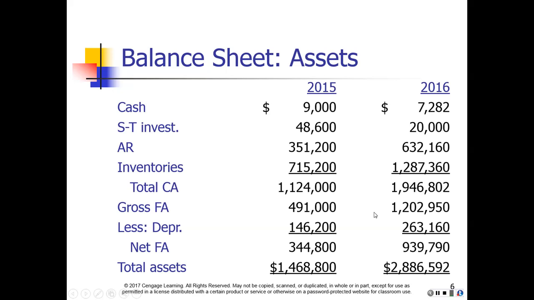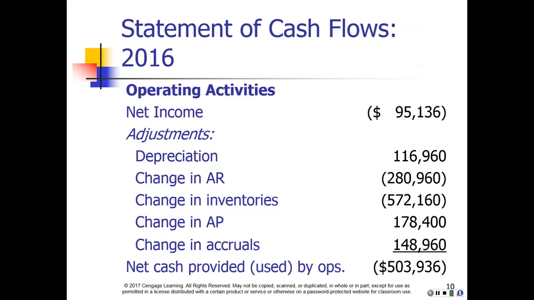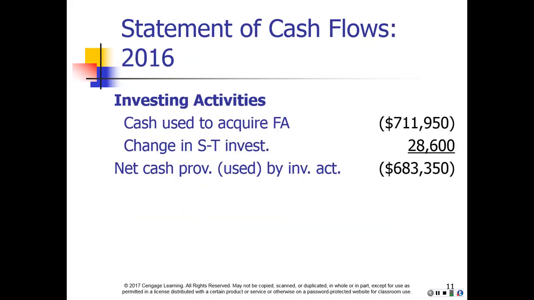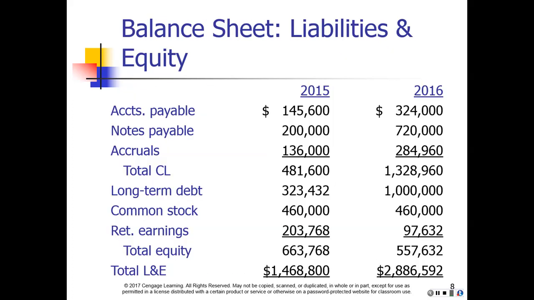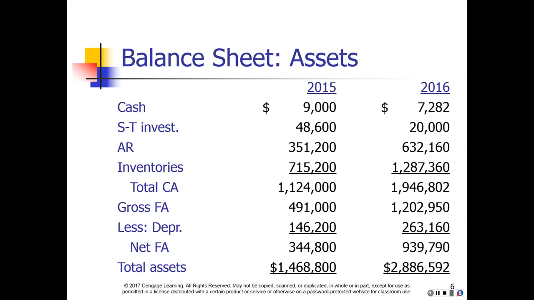So the change in gross fixed assets is cash used to acquire fixed assets. Then we look at the change in short-term investments. Going back to the balance sheet, asset side, short-term investments actually went down from 48,600 to 20,000. So we must have used that.